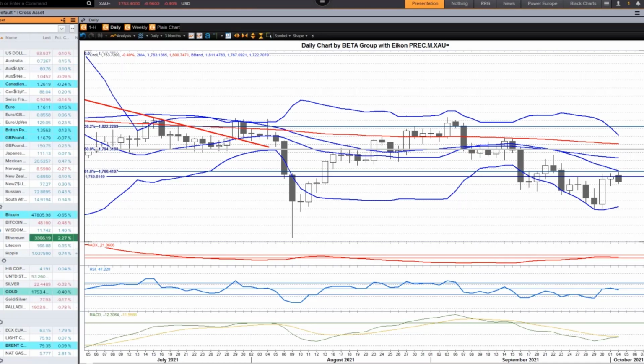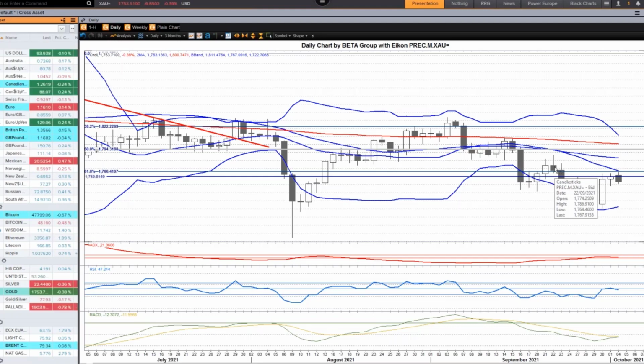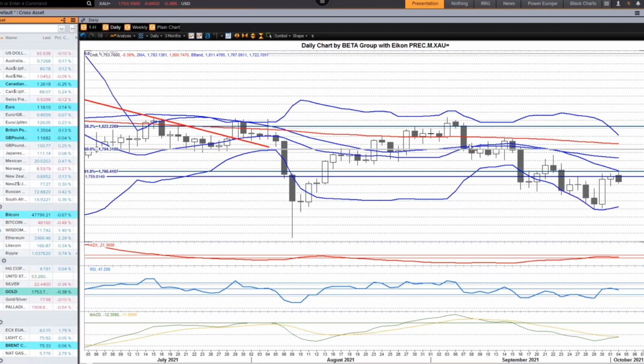The next resistance that it will tackle, if it goes up, will be 1786, and then lots and lots of resistance around 1800. Yes, if we clear 1830, then it can really run up. But that is a very heavy, cloudy sky above us there.